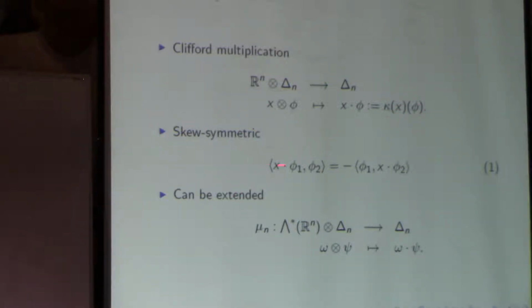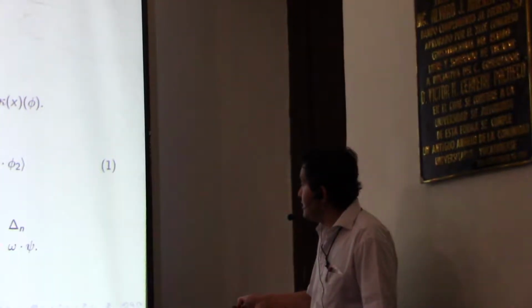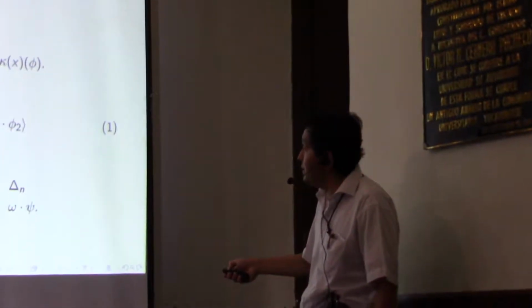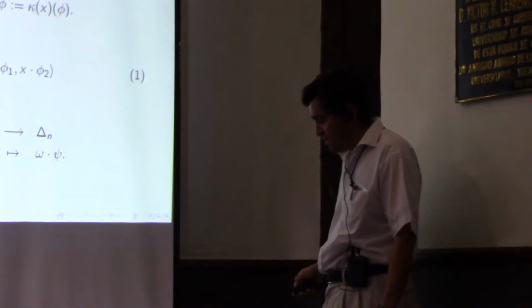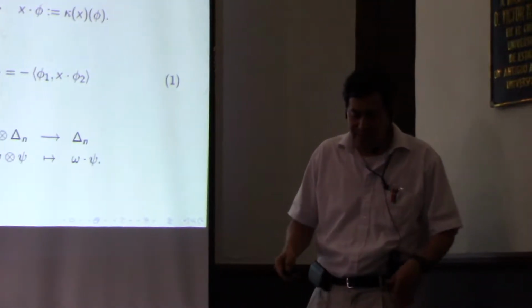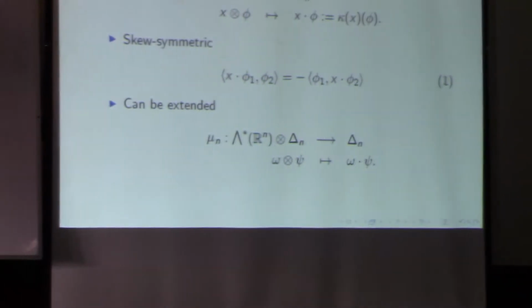It has the property that with respect to the standard Hermitian product that you can put on it, it is antisymmetric, and it can be extended to the entire exterior algebra. You can multiply by forms. Basically you decompose them and apply this rule and associativity. Okay?